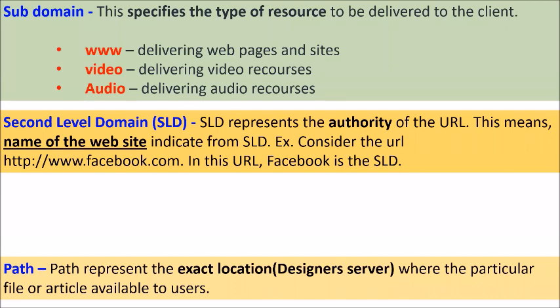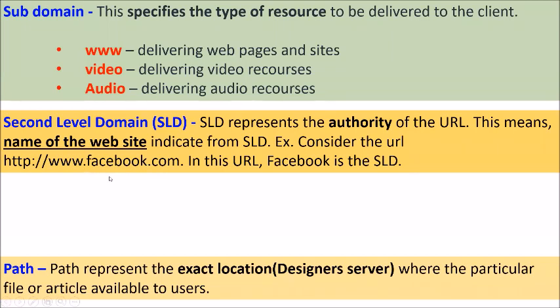For example, look at the example here. http:// then www.facebook.com. Try to identify the second level domain from here. What's the second level domain? Can someone tell me by looking at the example here?